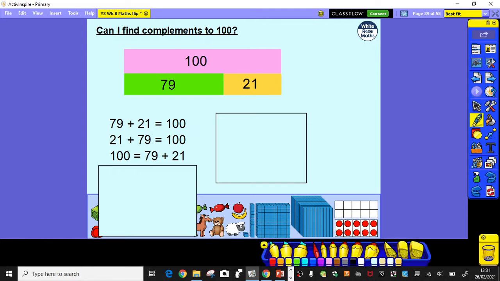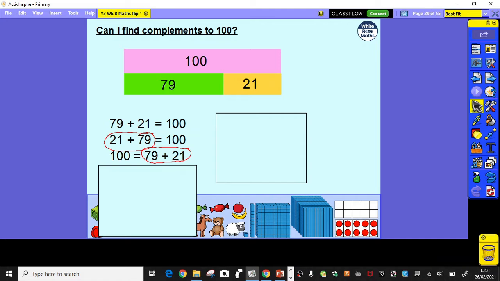All we've done is put the 100 at the beginning instead of at the end. And then finally, what's it going to be? I think you know already, don't you? 100 is 21 plus 79.